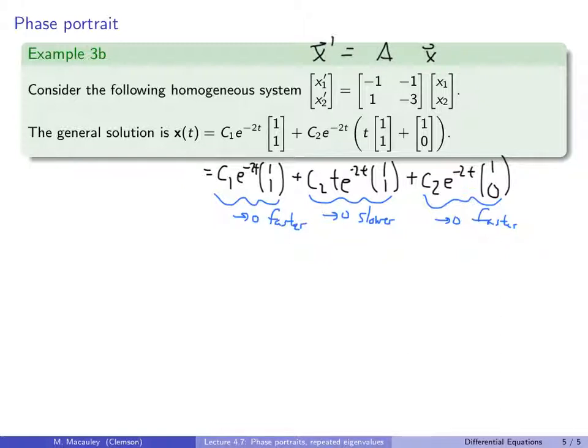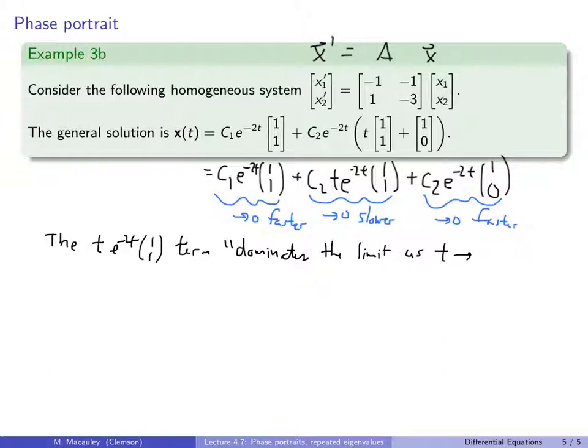So let me summarize this. So the t e to the minus 2t term, let's put a 1 in here. This term, I'm going to say this dominates the limit as t goes to infinity.